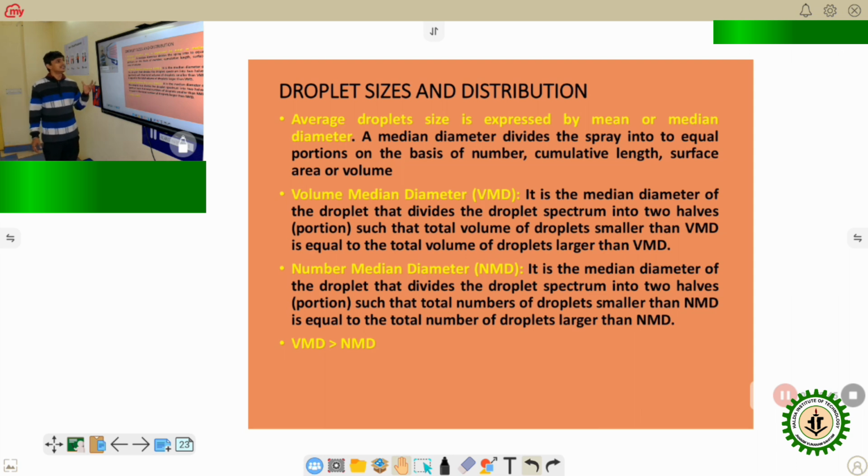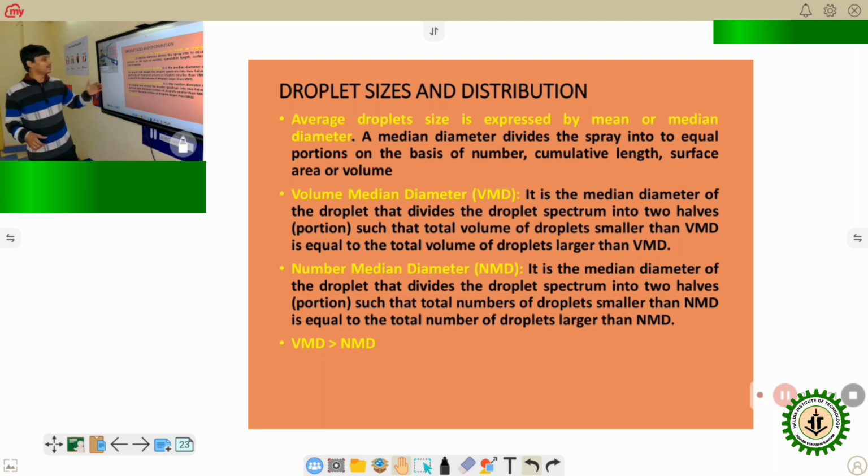So this is a very important drop distribution phenomenon, that is, a median diameter dividing the spray into equal portions on the basis of number, cumulative length, and surface area or volume. So for the volume median diameter, what it presents is that the volume of droplets smaller than the VMD should be equal to the volume of droplets larger than the VMD.